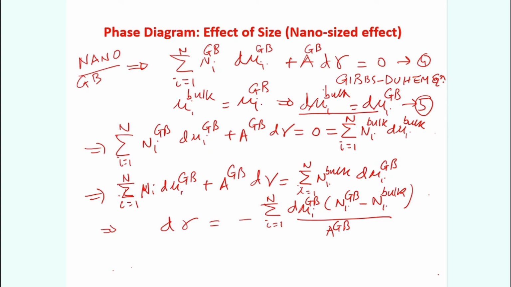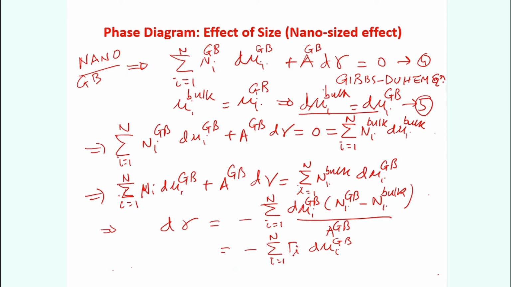Well, that is not very difficult to do. First of all, this term divided by A GB is always written as a summation, sigma i or gamma i, sorry, capital gamma i, right?